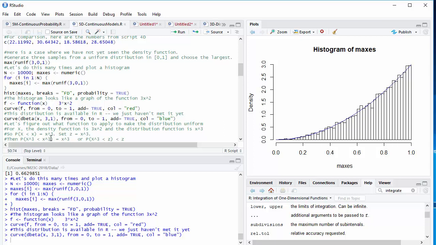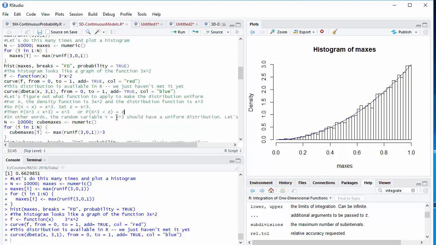So the probability that the random variable x cubed is less than little x cubed is equal to little x cubed, or the probability that it is less than z is equal to, let's fix that, z. Okay, now we're almost there. So what I've concluded is that if I take the cube of the random variable x, I should end up with something that has a uniform distribution. Let's try that.